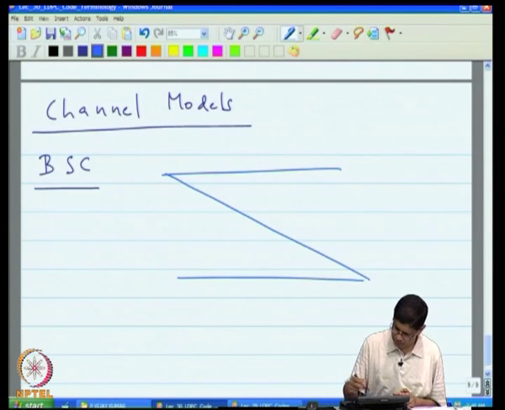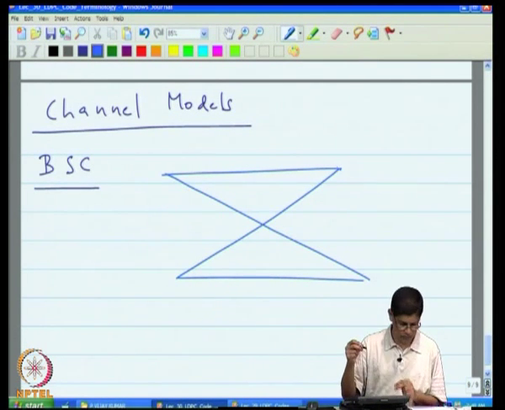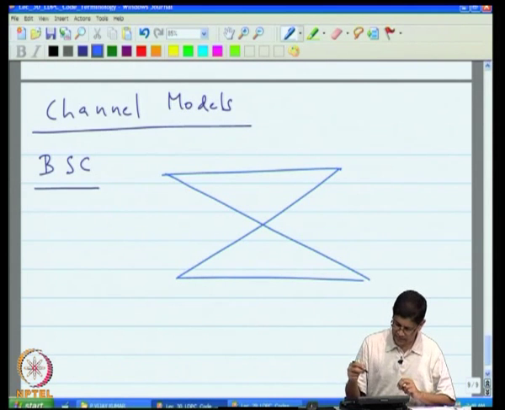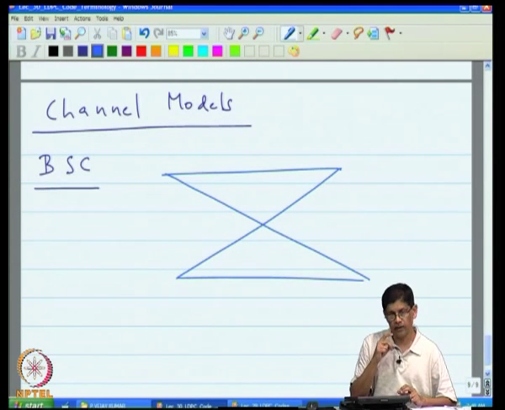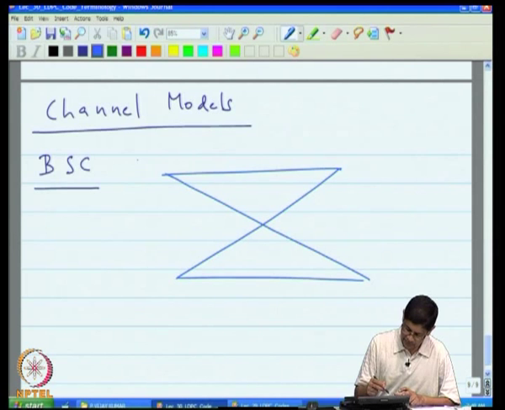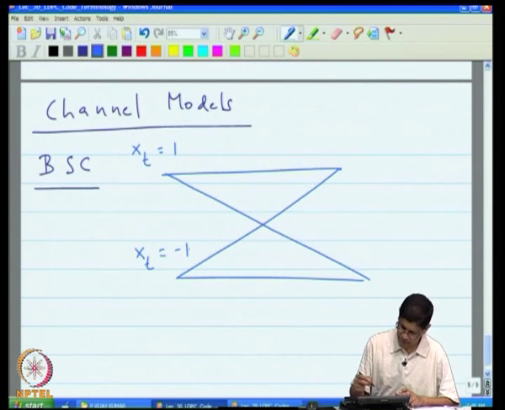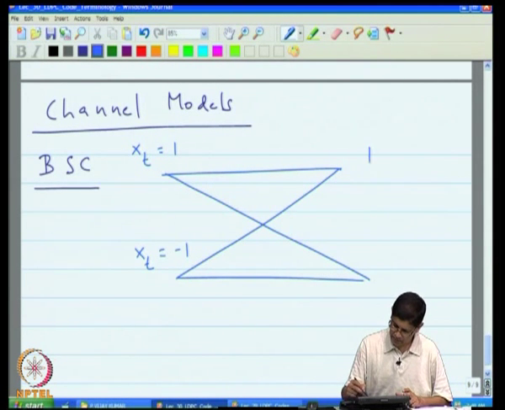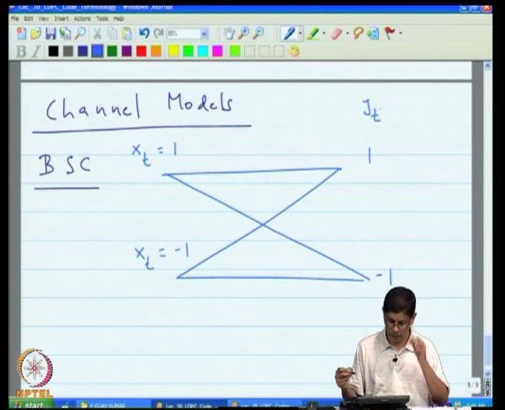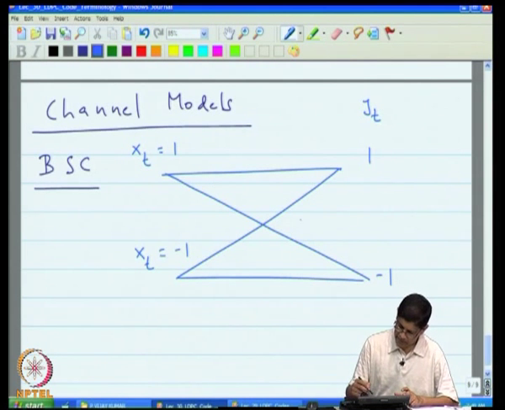There are two inputs and two outputs, except that our inputs earlier were 0 and 1. This time, however, our inputs will be x_t equal to 1 and x_t equal to minus 1, and similarly the output will be 1 and minus 1, and the crossover probability will be epsilon.